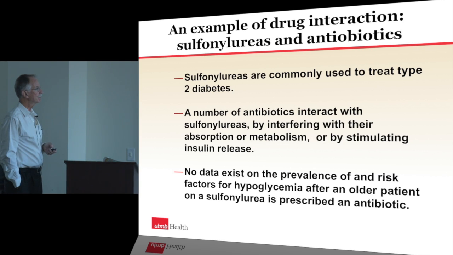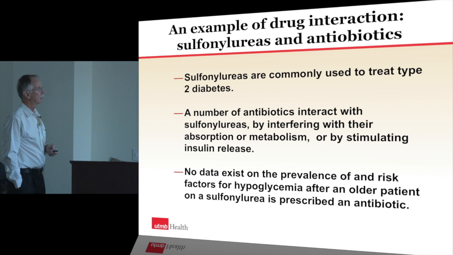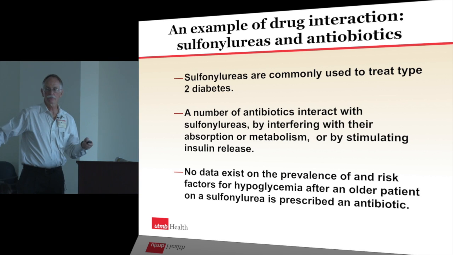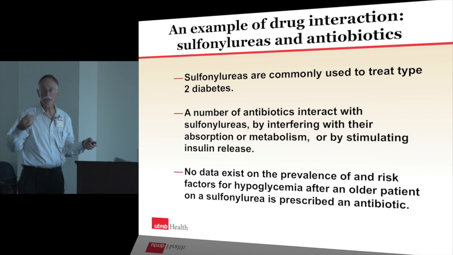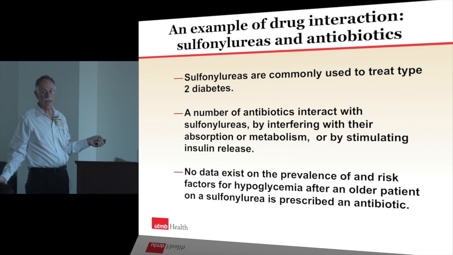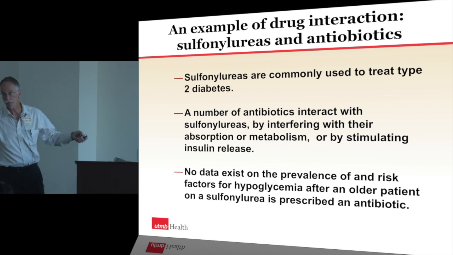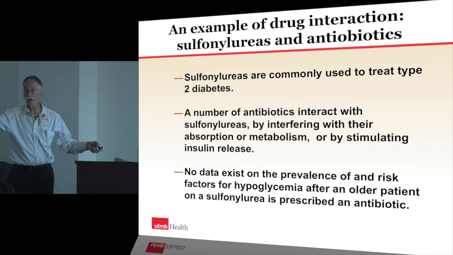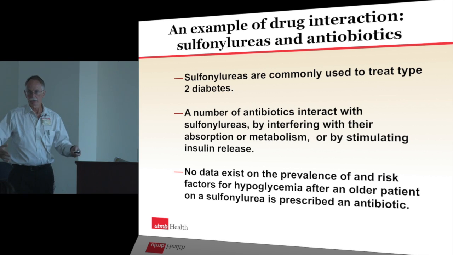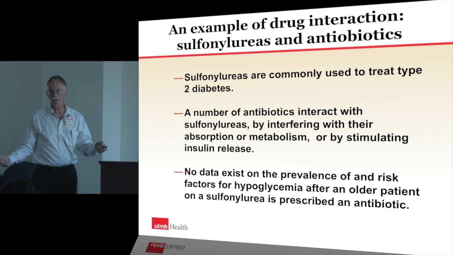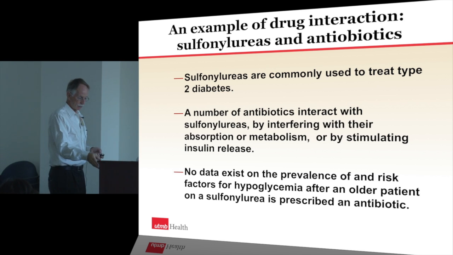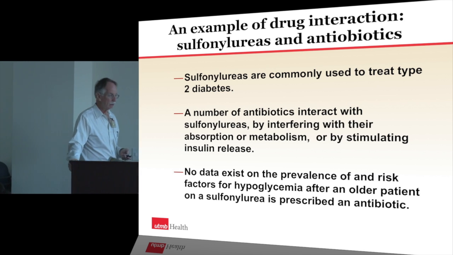So sulfonylureas were, for many years, the number one oral drug, the pill that you gave for people who had adult onset diabetes mellitus. Most people with diabetes get it as adults. They're chubby. Often they get diabetes, and they get put on a pill.